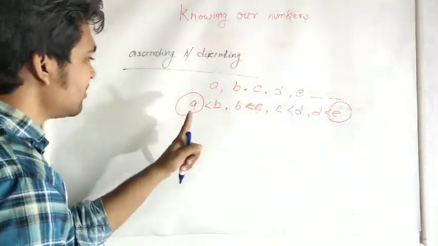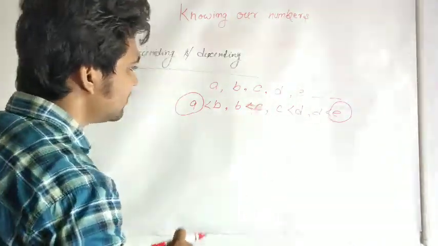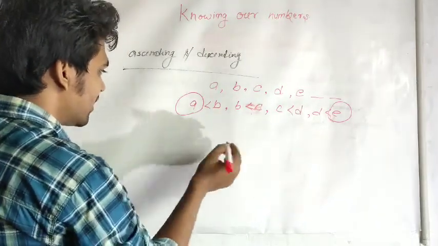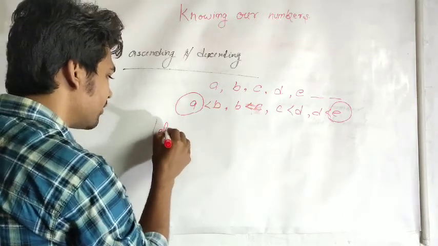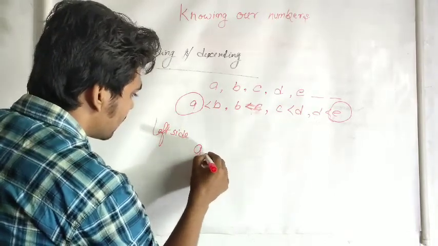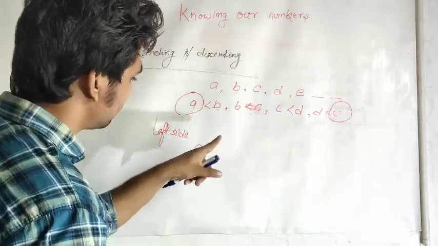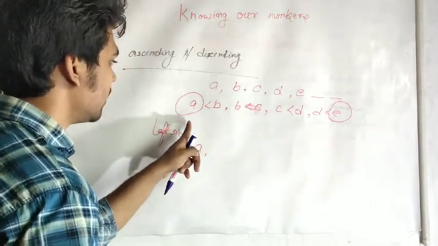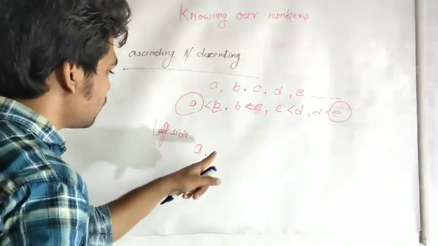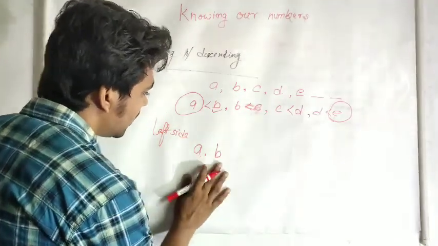So placing A from the left side and making a series of numbers, at the left side we put A, and right to A we put the number which is greater than A. So B is the number which is greater than A. So we put B right to A.